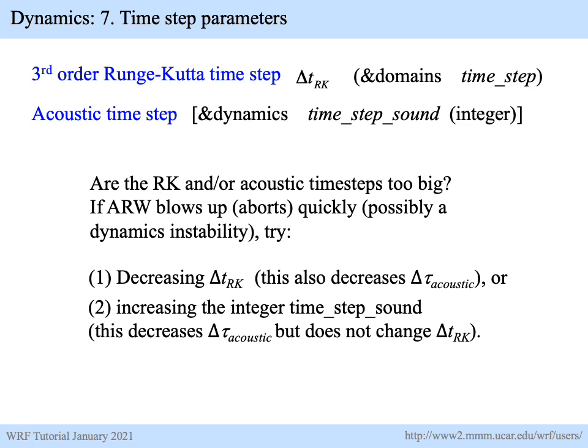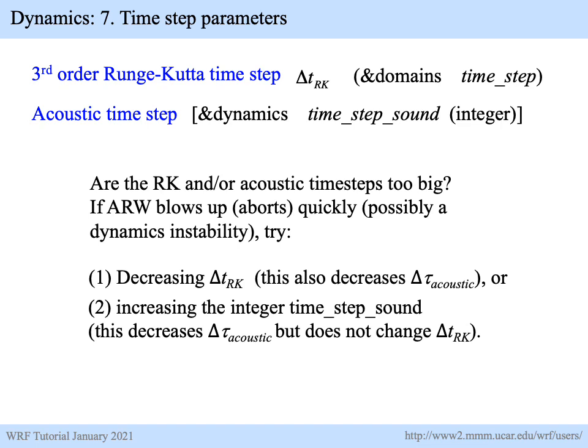And the second thing you can do is, if you try the first one, you decrease the Runge-Kutta time step, and you find out it's stable, you can go back and leave the Runge-Kutta time step the same and try the second one, which is just to increase the time step sound integer. Remember, it has to be even, so it divides evenly to the half time step.